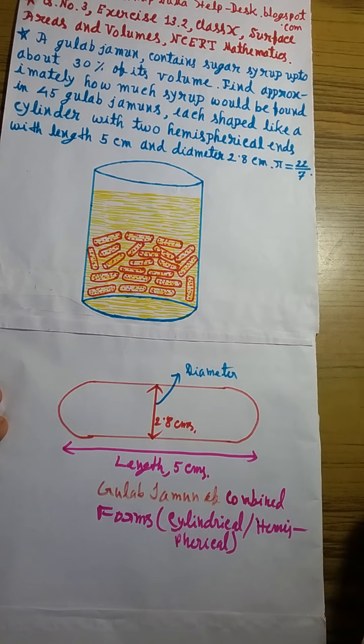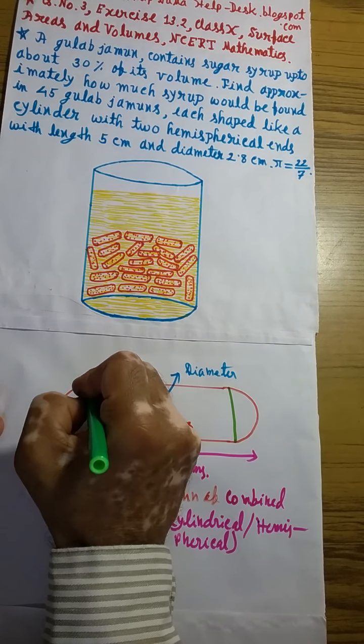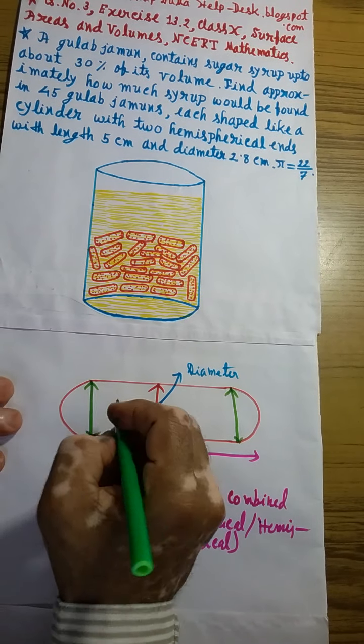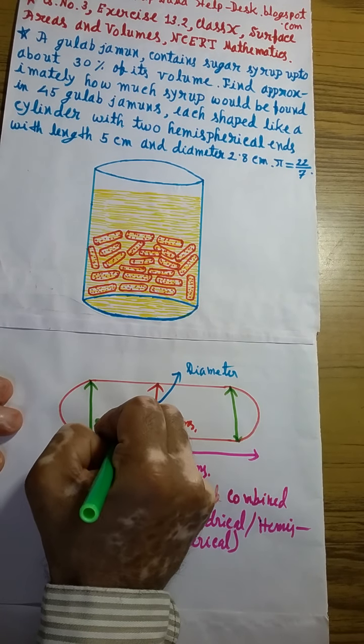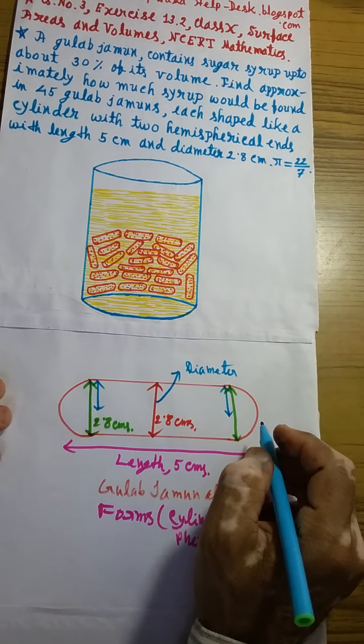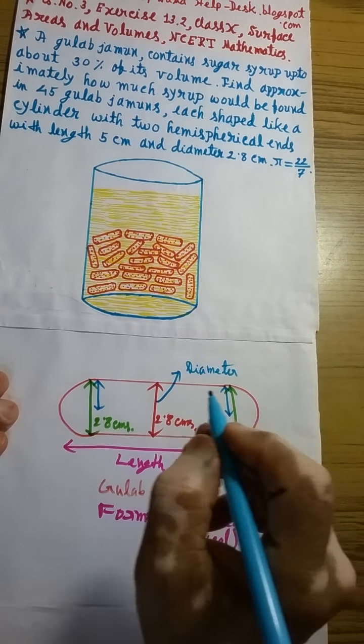After this, let us show the base diameter of the two hemispherical parts at the two ends, the measure of which will also be equal to 2.8 centimeters. After this, let us show the base radius of both the two hemispherical parts at the two ends, as well as the base radius of the cylindrical part.